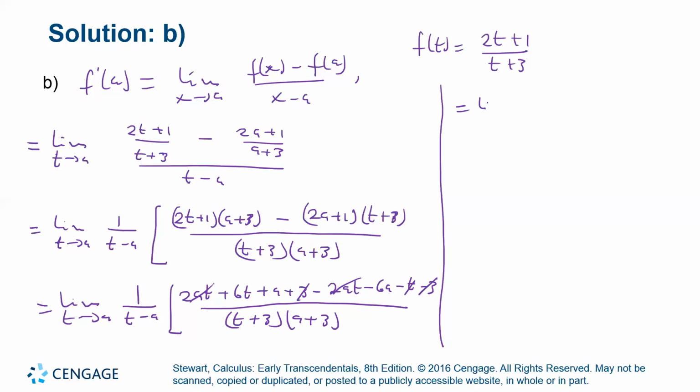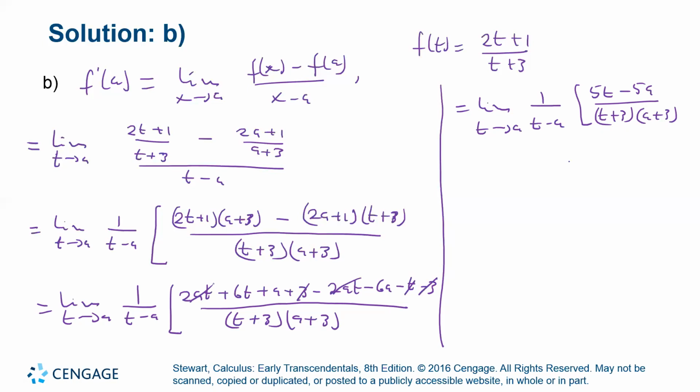So this is equal to the limit as t goes toward a of 1 over t minus a. All we have there will be 5t minus 5a divided by (t plus 3) times (a plus 3).